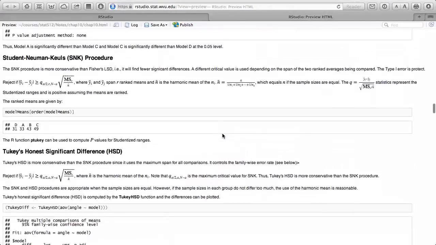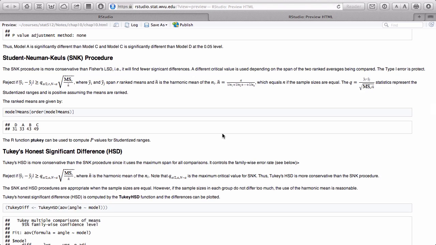And by the way, one problem again with Student-Newman-Keuls and Tukey is that they do require equal sample sizes, or somewhat unequal but not too unequal. If it's unequal, you can use the harmonic mean again, as long as it's not too unequal.